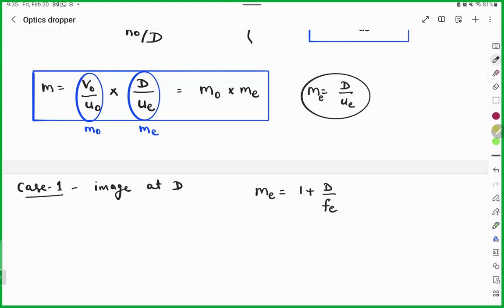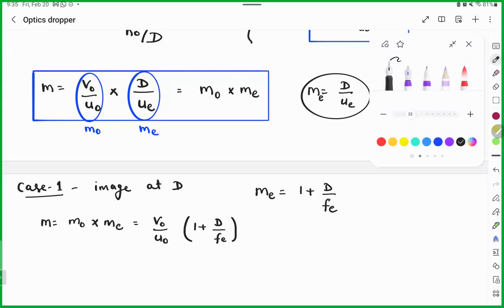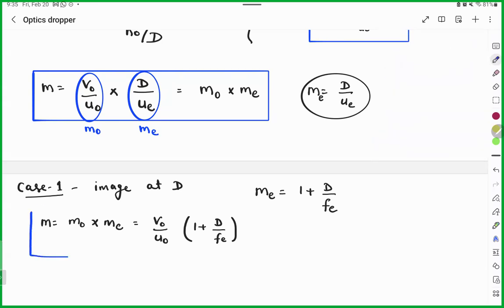This one. Yes, sir. And overall magnification will be magnification of the objective lens multiply magnification of the eyepiece, times 1 plus D by FE. Magnification of the objective lens is this, and magnification of the eyepiece is this. Done. So overall these formulas look big, but in reality, if you know how the simple microscope works, then you take it separately.